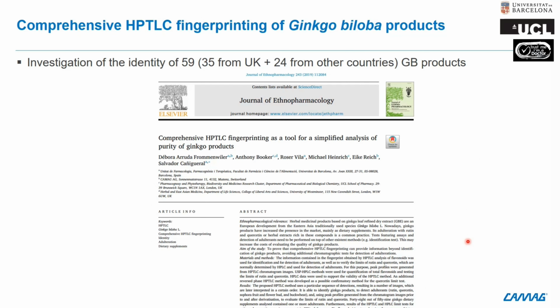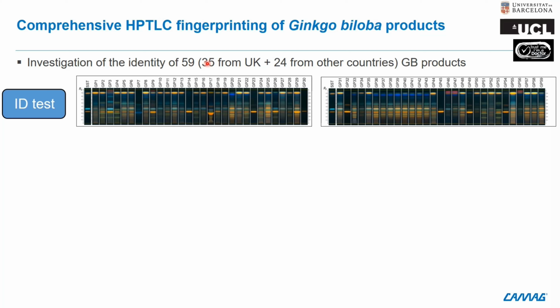So let's have a look at the market study and let's summarize the findings. 59 products have been investigated, and here you can see the results of the different products. On the first track is the system suitability test with chlorogenic acid and rutin according to the USP monograph.